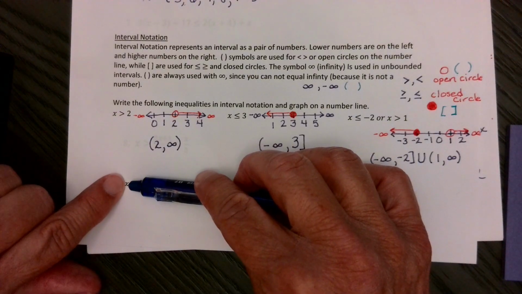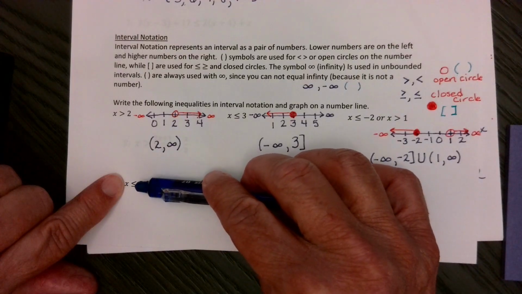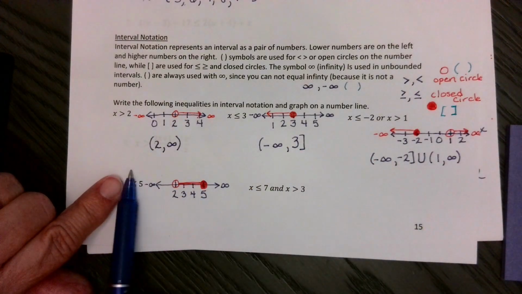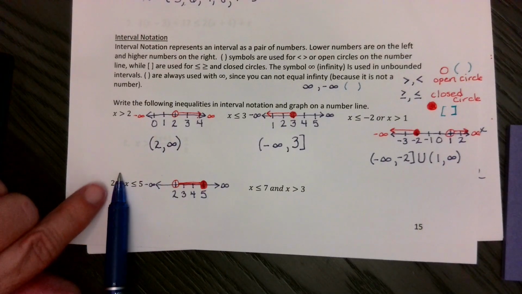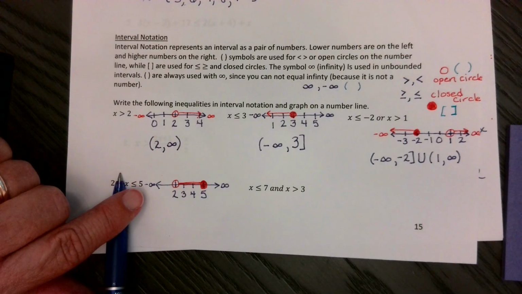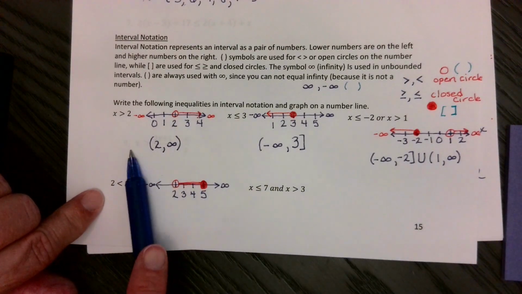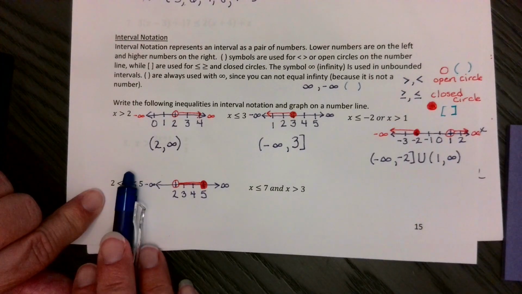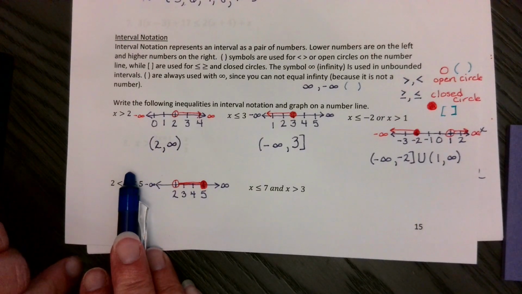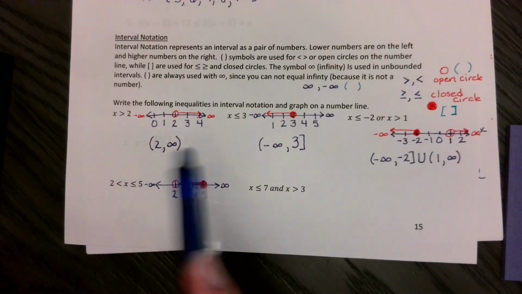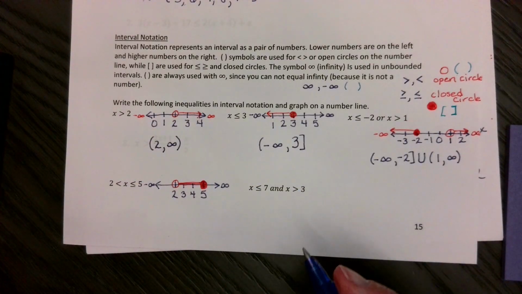Same thing with 3 here. It'd be 3 is less than or equal to 5. Well, if I cover up this, 2 is less than or equal to 5. If it was turned around, it wouldn't make it a true statement. If I covered up that part, okay, 2 is less than 5. So it's always a true statement no matter what I cover up.